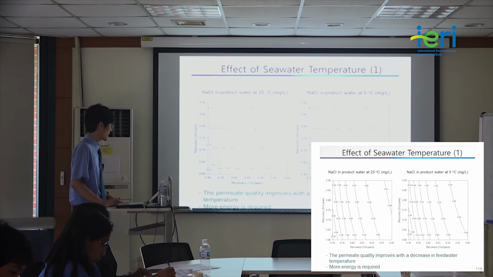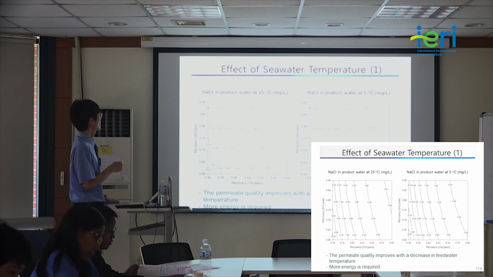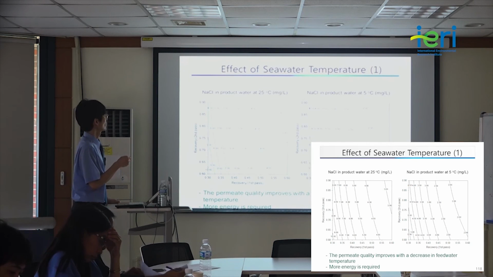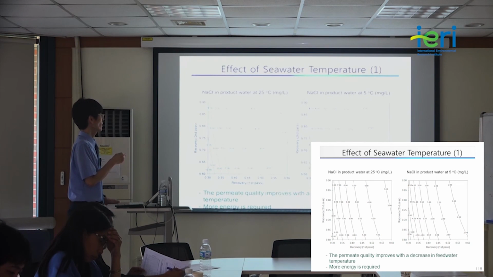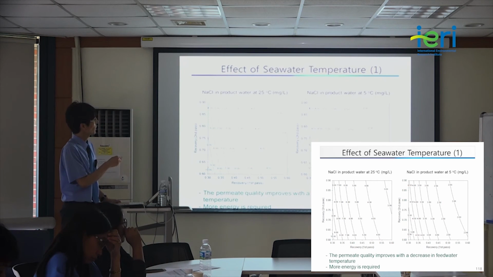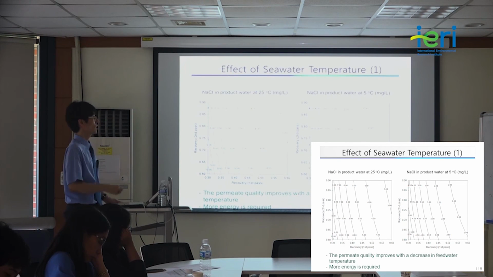Temperature can change things a little bit. We have two cases for the product water sodium chloride concentration, normal concentration and very low concentration. And if you compare the left figure and right figure, the salt concentration at low temperature is much lower.